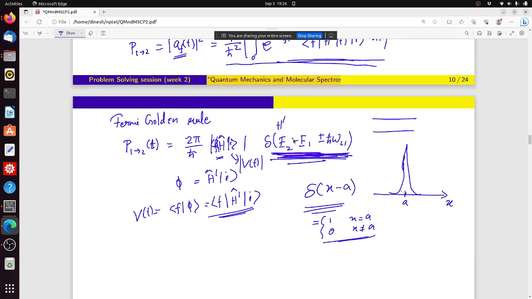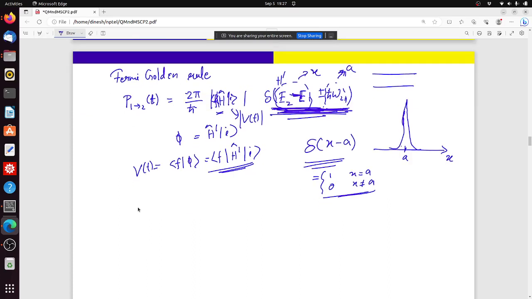Can anyone tell me? Let's assume this quantity is x and this quantity is a. So it will survive when x equals a, right?